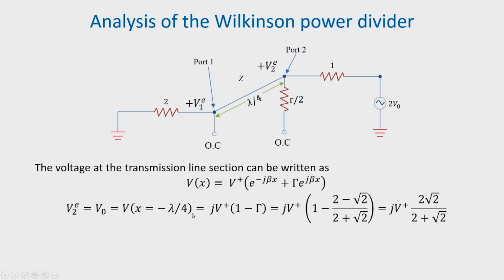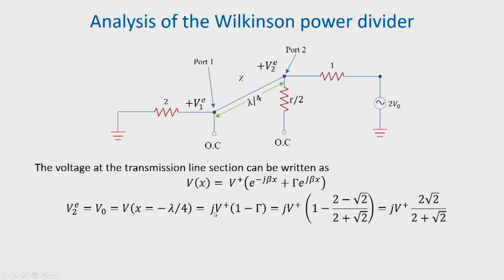at x equal to minus lambda by 4. So, if we substitute x is equal to minus lambda by 4 here, we get e to the power j 2 pi by lambda times lambda by 4, which becomes e to the power j pi by 2, and e to the power j pi by 2 is j. Similarly, this will give e to the power minus j beta lambda by 4, and it will become minus j into gamma.